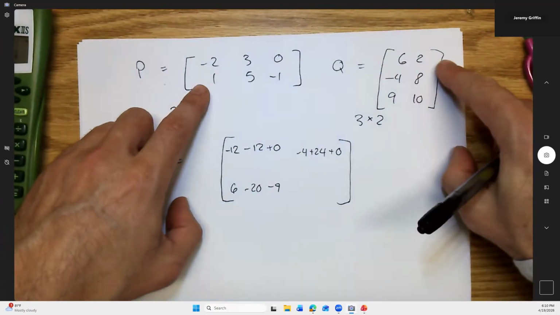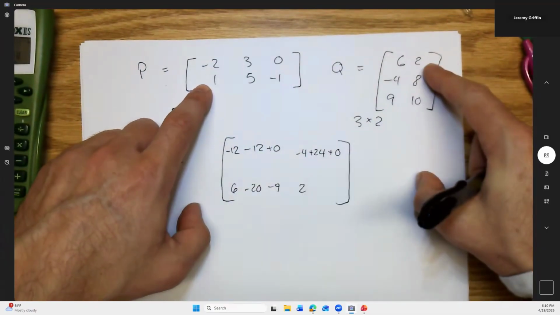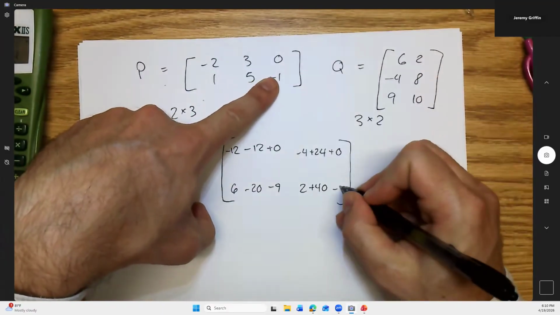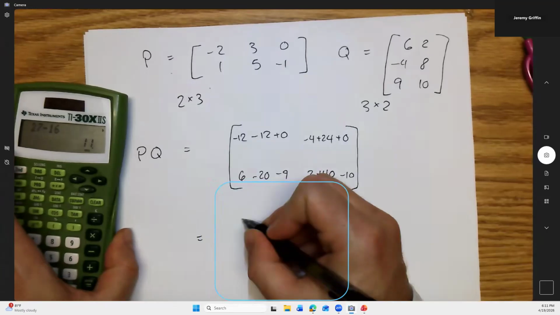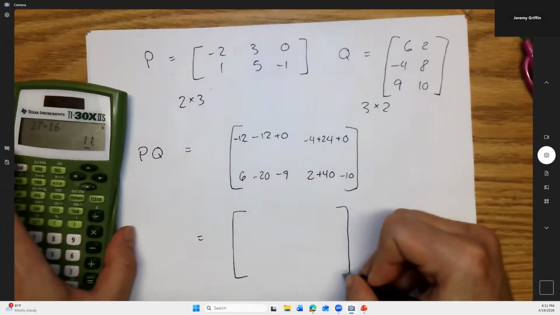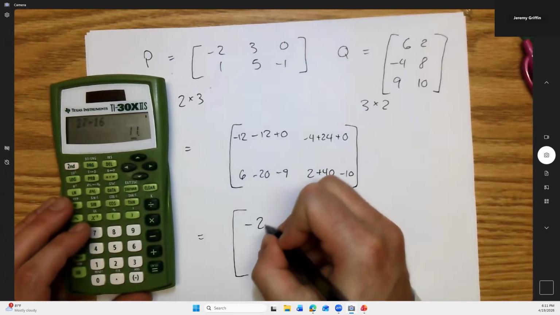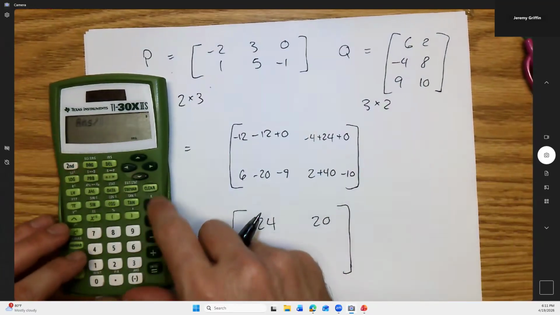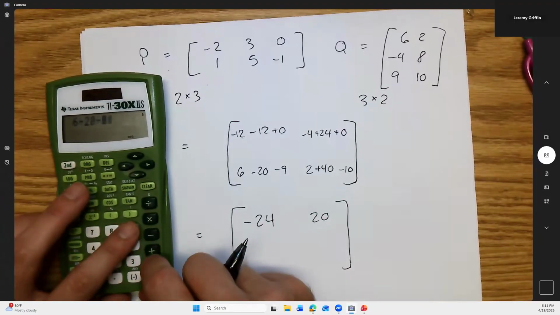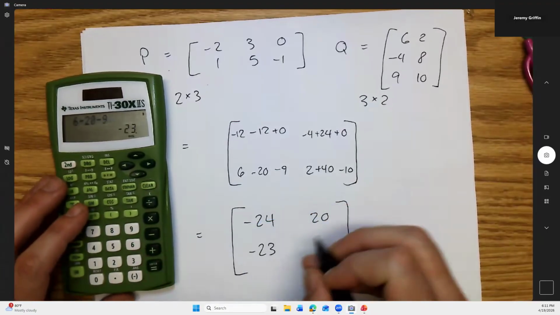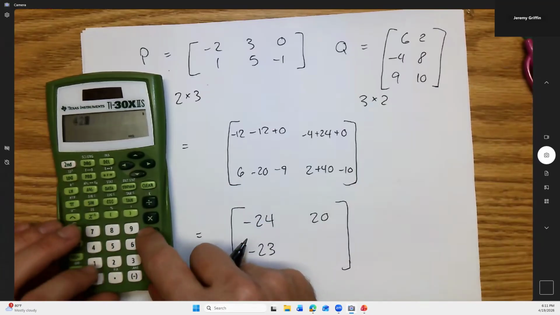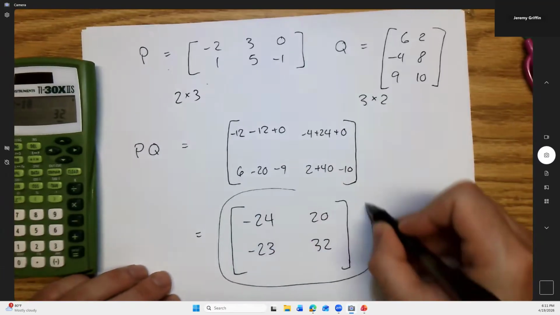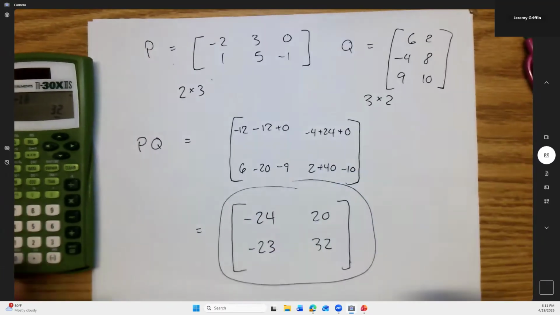And finally here, I got 2 plus 40 minus 10. So let's put this all together. That's definitely negative 24. This is 20. What's 6 minus 20 minus 9? Negative 23. And 32. Yeah, there you go. That's PQ.